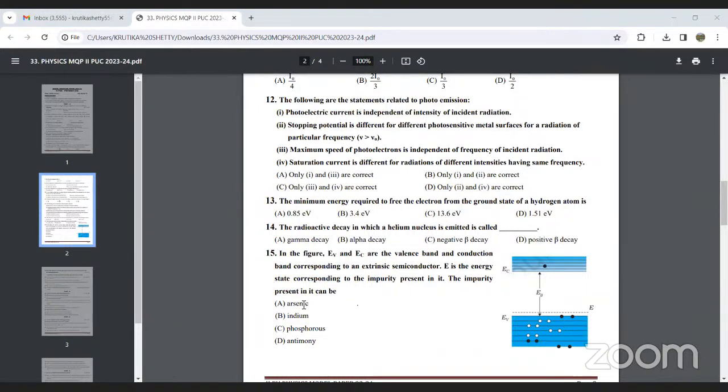EV and EC are the valence band and the conduction band corresponding to the extrinsic semiconductor. E is the energy state corresponding to the impurity present in it. The impurity present in it can be.